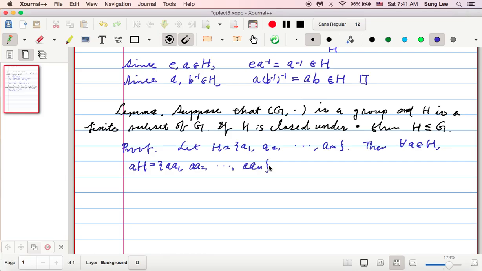That's what it means. Okay, since H is closed under the multiplication, the operation of G, this is obviously a subset of H. Okay, a subset of H.